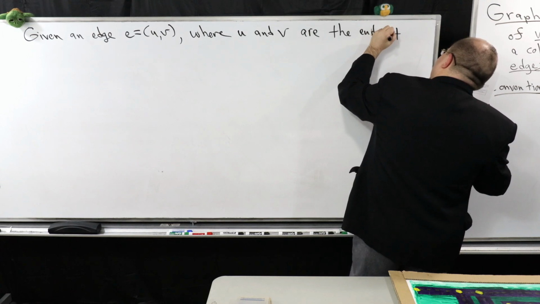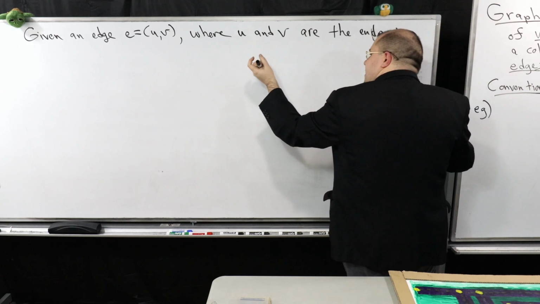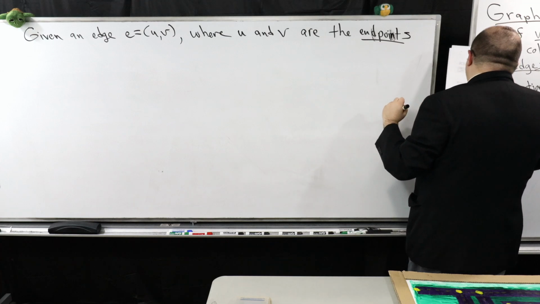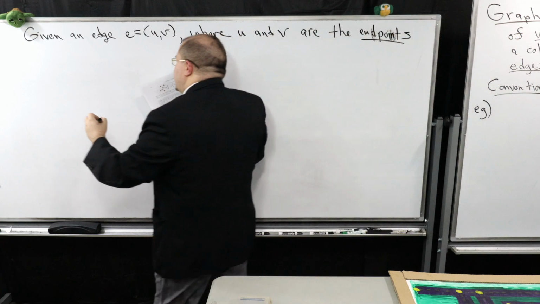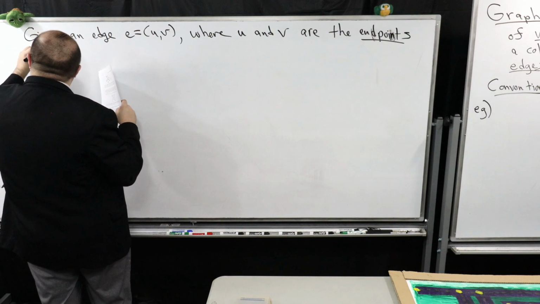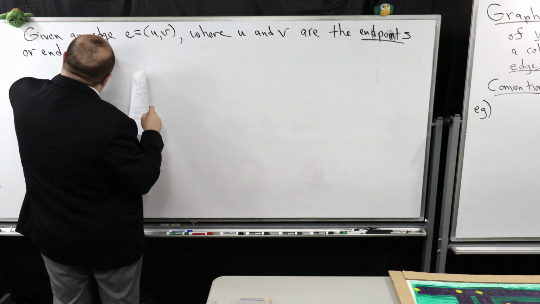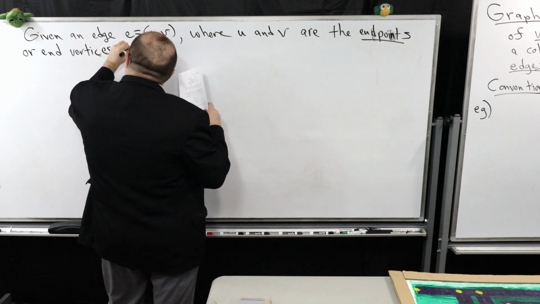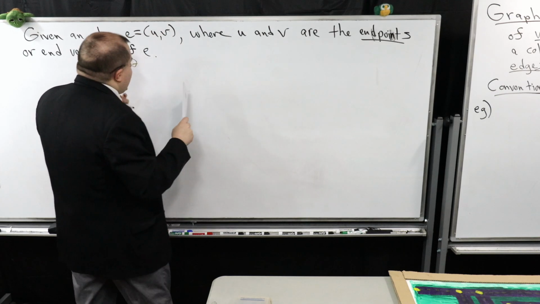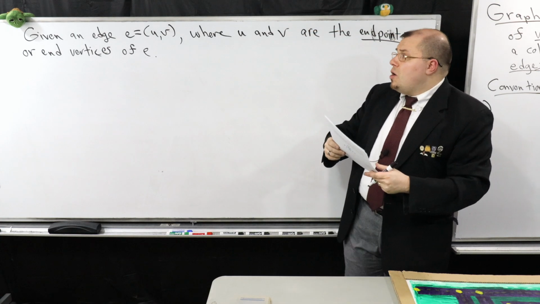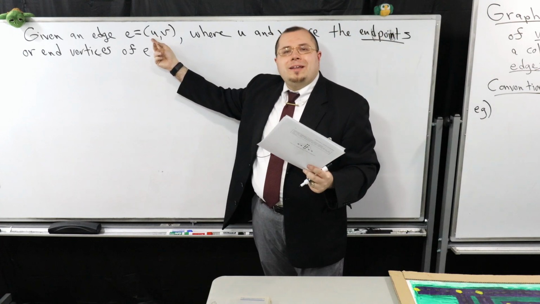If I give you an edge, I'll refer to the two vertices that connect together to make that edge as the endpoints, or end vertices, of E. So if ever I'm talking about an edge and I want to tell you what those two vertices are, I'll refer to them as their endpoints, or if I want to refer to one of them, I'll call it its endpoint.